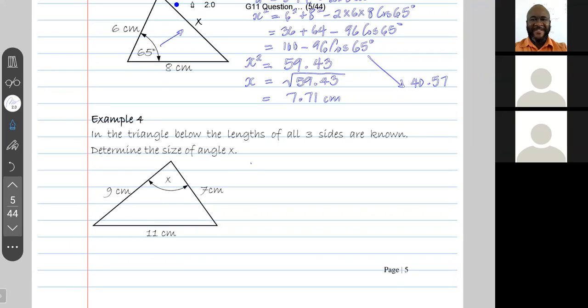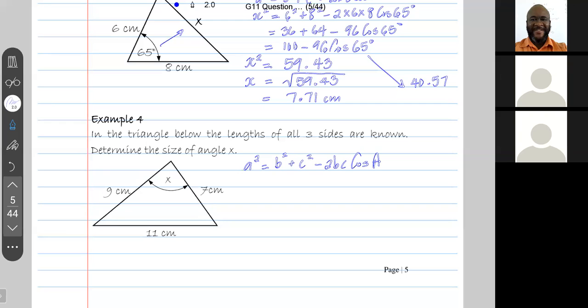So I'm going to have a squared is equal to b squared plus c squared minus 2bc cosine A. Now this is the cosine rule formula. In this formula, A is the side opposite the inclusive angle.